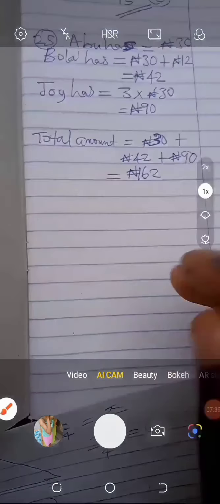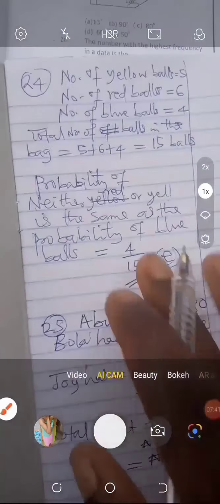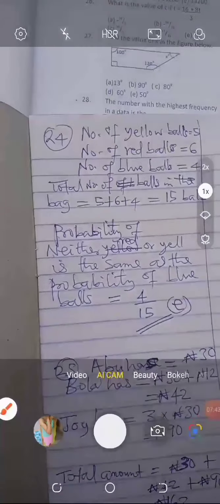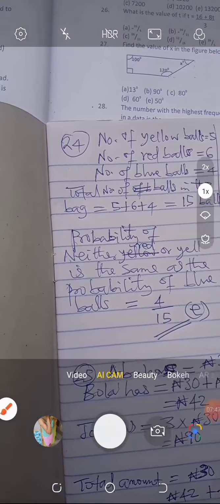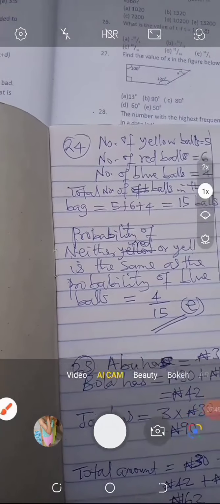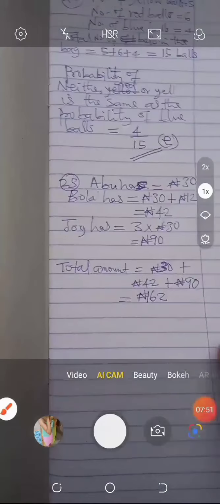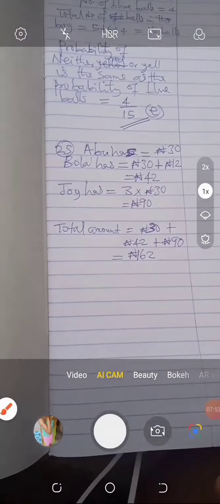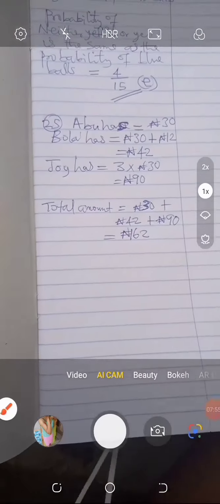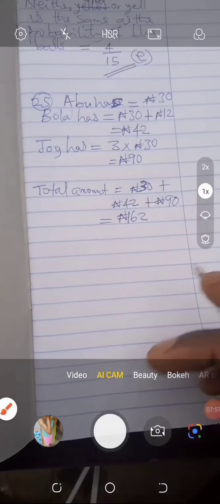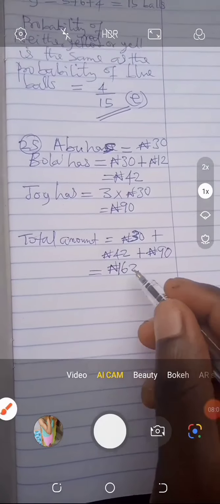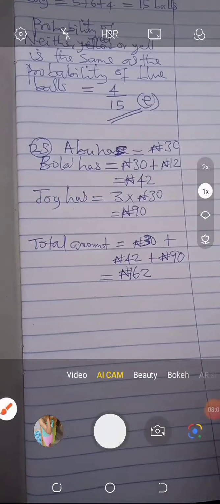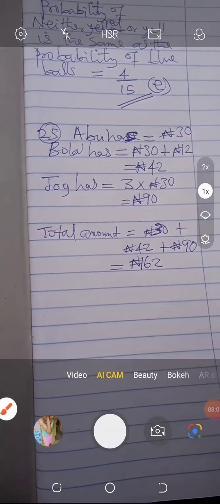162 naira. Remember, the question asks us to give the answer in Kobo. So going by that question, from where we have solved, by the time we add up what each of them have, we arrive at 162 naira.